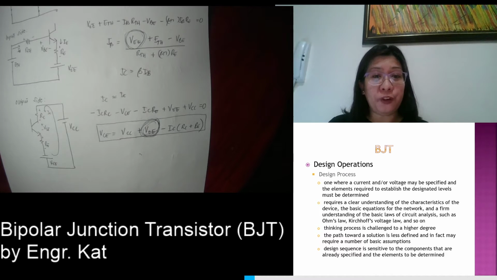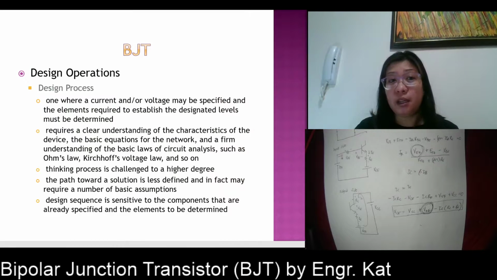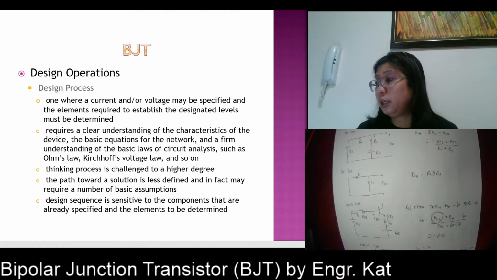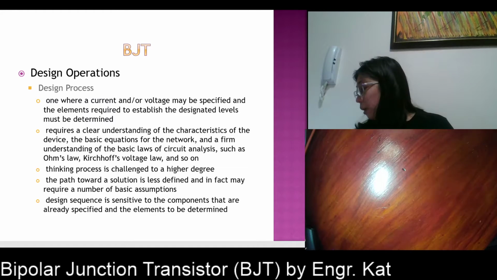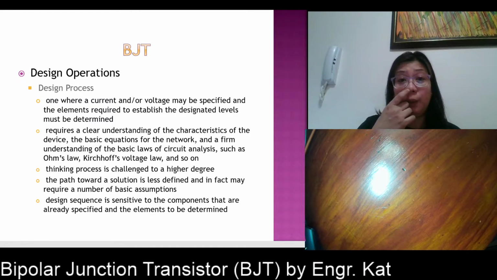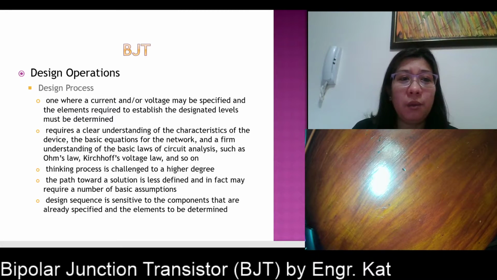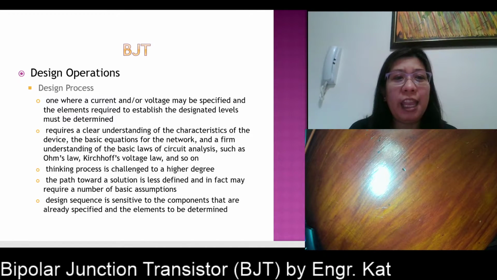So, what is the difference when we have design operations? When you're doing design instead, this is one where the current and/or the voltage may be specified, and the elements required to establish the designated levels must be determined.